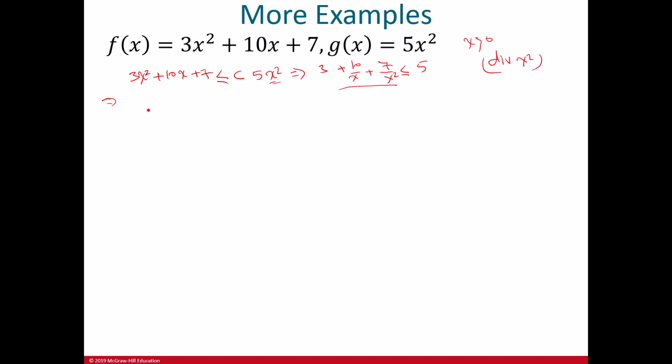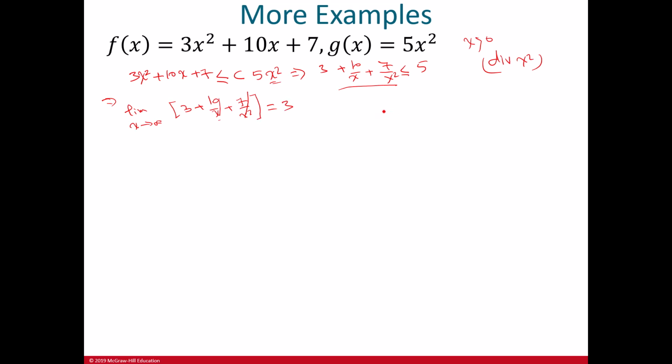I get the limit as x approaches infinity for the term 3 plus 10 over x plus 7 over x squared. When I do that, these two terms will be infinitesimally small, so this will be 0, this will be 0, and the limit will be just 3.